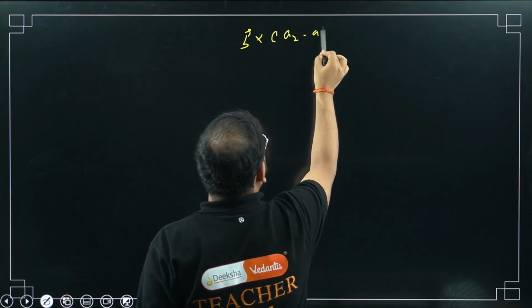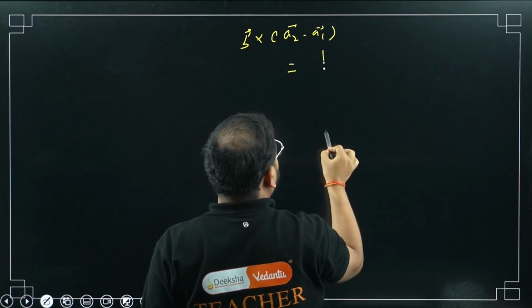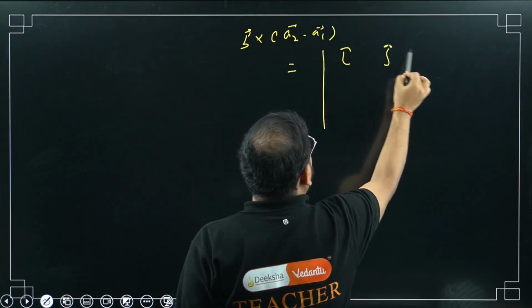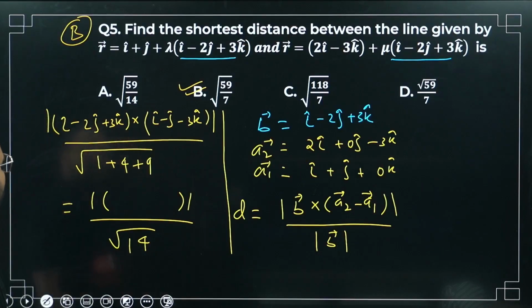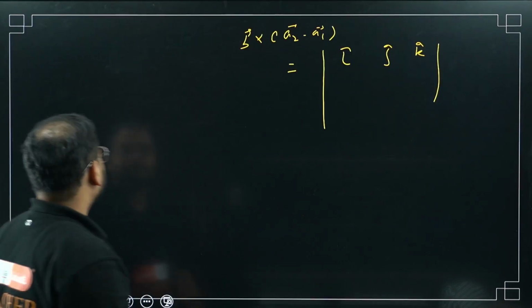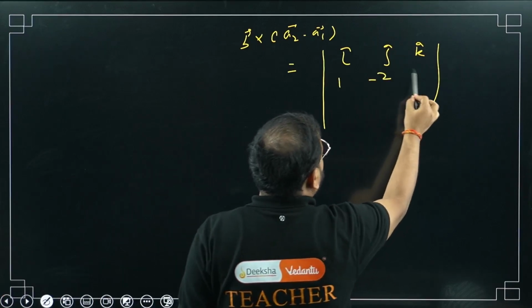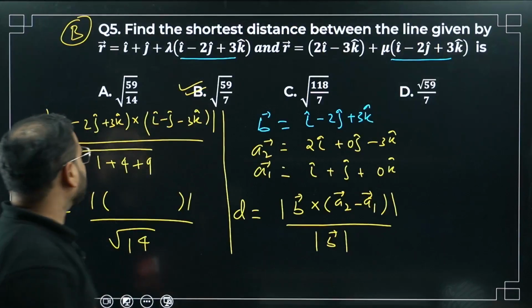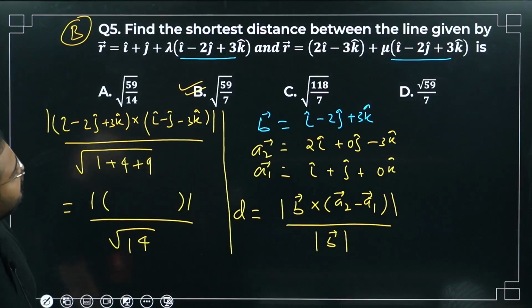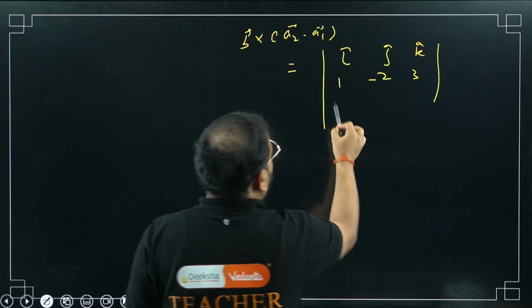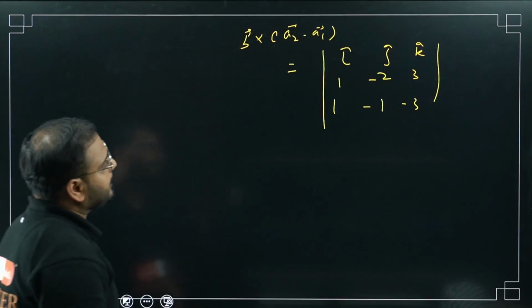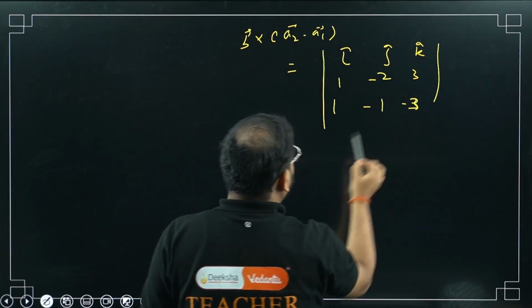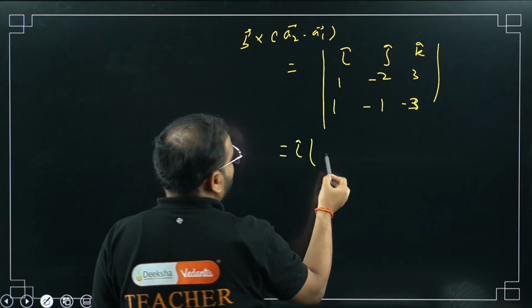A2 minus A1 will be given by what? It will be the vector with i, j, k. For b first: 1, minus 2, plus 3. What about a2 minus a1? 1, minus 1 and minus 3. Please check. What is the value for i cap?